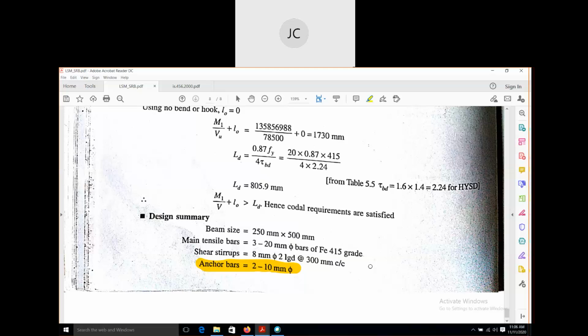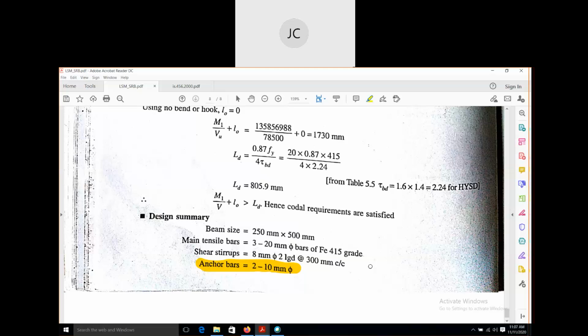But at the top, if you don't have any reinforcement, how will we bind those stirrups? So at the top also we have to provide minimum reinforcement to hold those stirrups. Those bars are known as anchor bars.